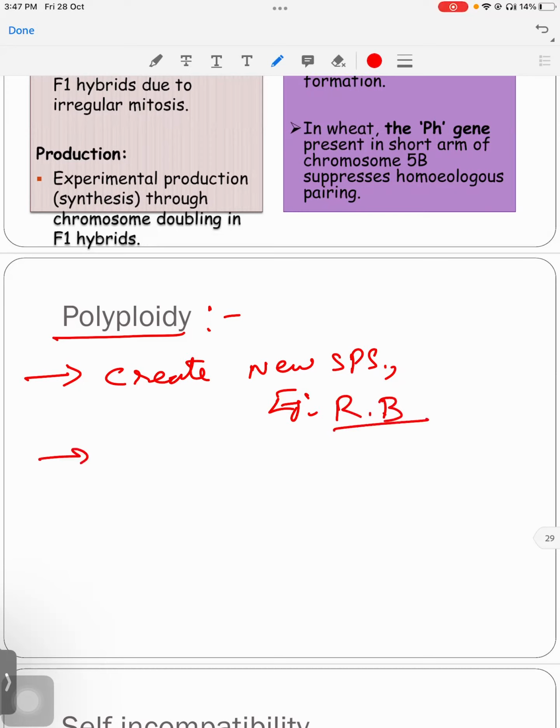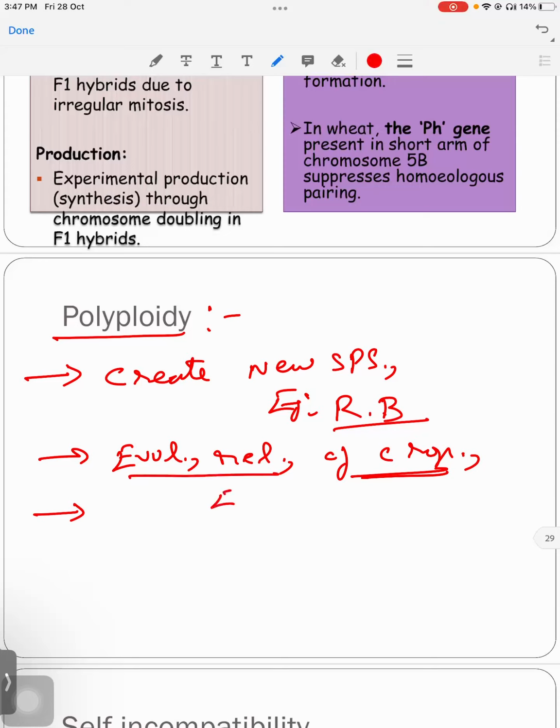The other major application is that the evolutionary relationship of crops can be understood. For example, in case of wheat, whether it is tetraploid wheat or hexaploid, how they work, all these things can be understood.